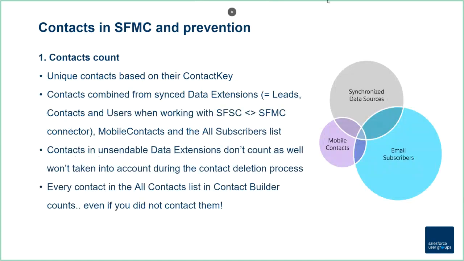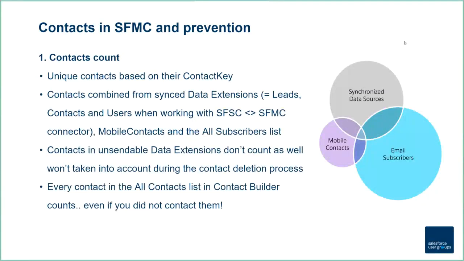So let's start with the basics. Contacts are counted based on their contact key. The contacts are combined from all the sync data extensions, which means your leads, your users, your person accounts, and your contacts, obviously, but also mobile contacts and your all subscriber list.